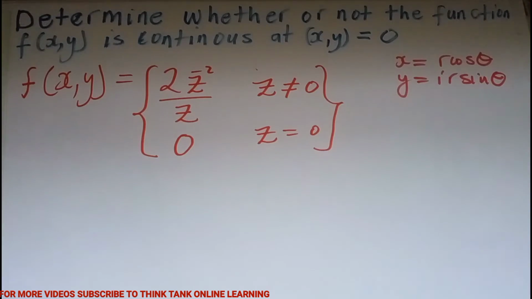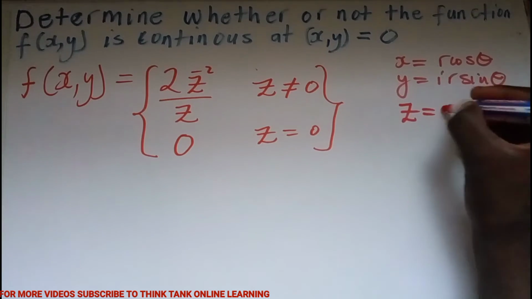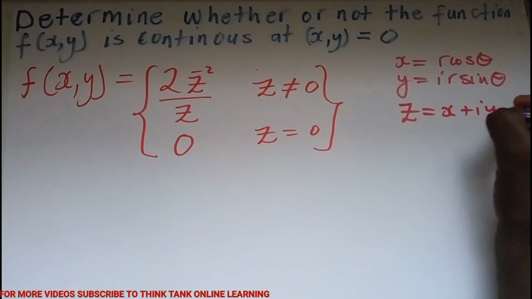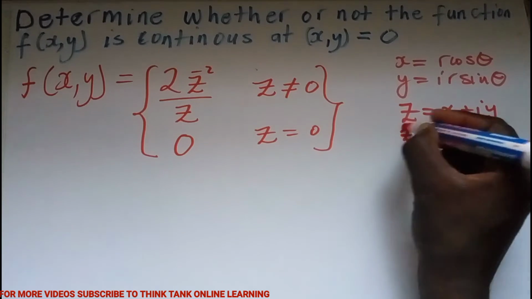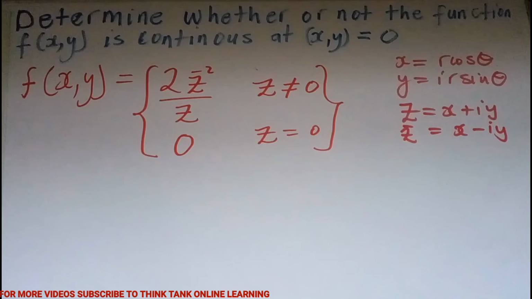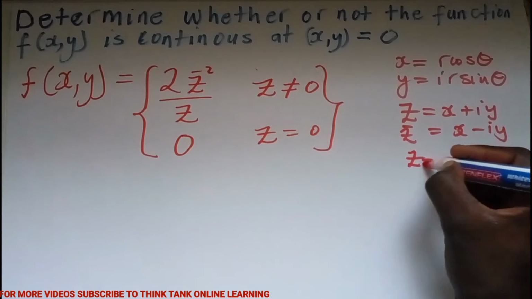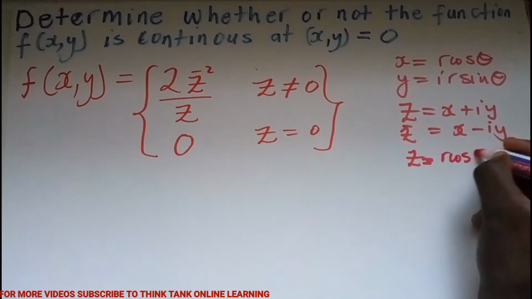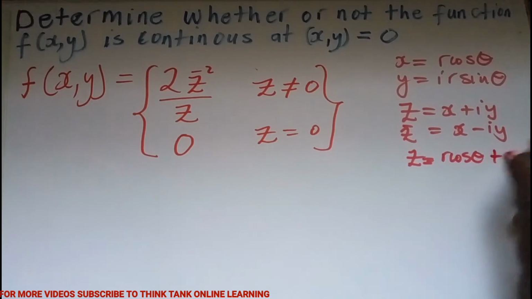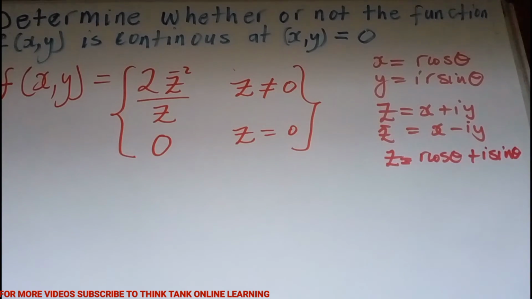Okay, so z is a complex number, so I'm going to say z is equal to x plus iy. So that means z conjugate is equal to x minus iy. Okay, so in polar coordinates, z is equal to r cos theta plus i r sine theta.